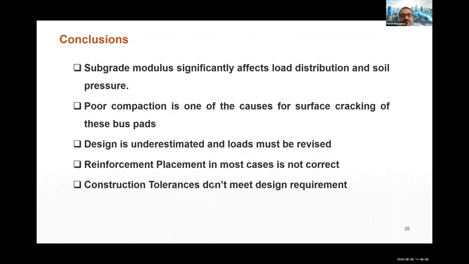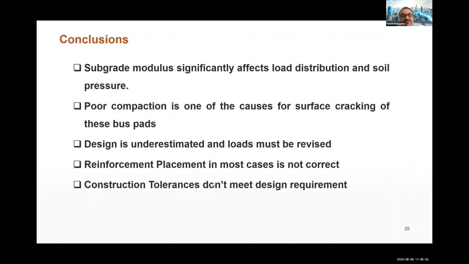Regarding construction tolerances and best practice suggestions, construction and placement of transverse joints were not properly performed in most of the cases that we observed, and this can initiate cracks and propagate them to the next slab section.